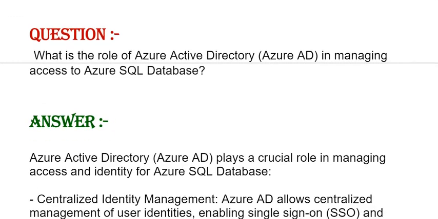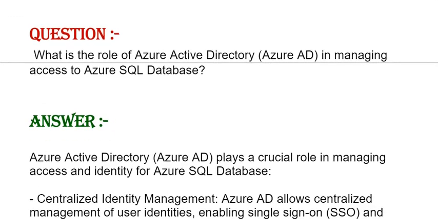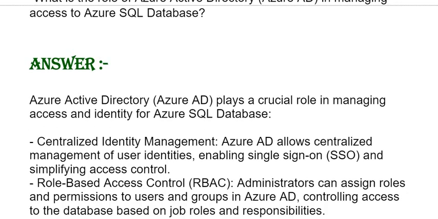Our next question is, what is the role of Azure Active Directory, Azure AD, in managing access to Azure SQL Database? Your answer should be, Azure Active Directory plays a crucial role in managing access and identity for Azure SQL Database.